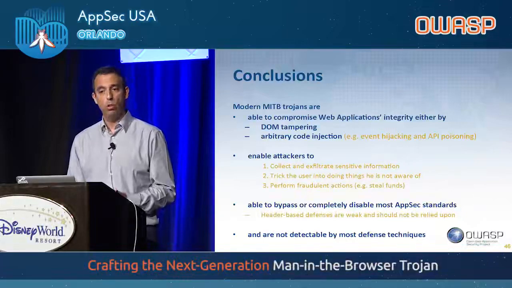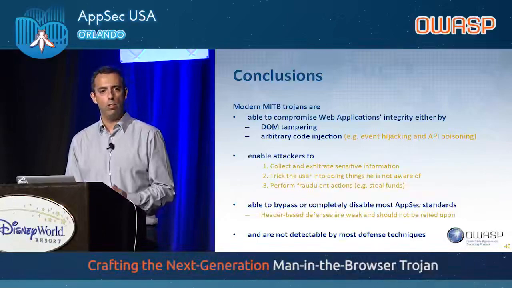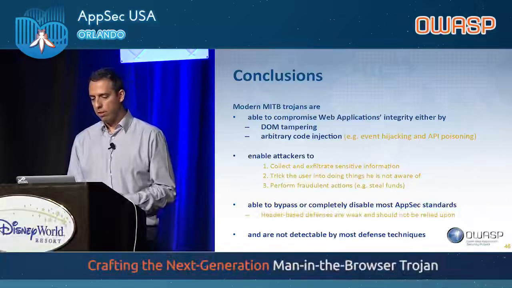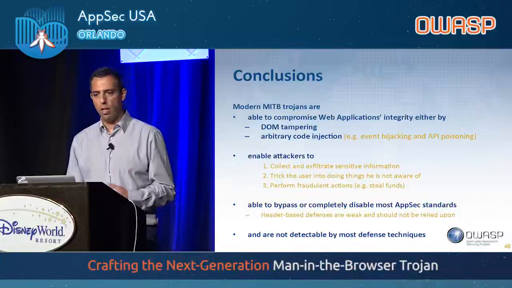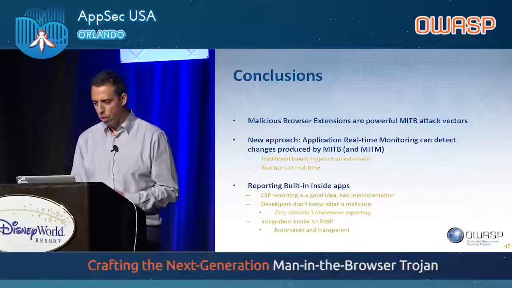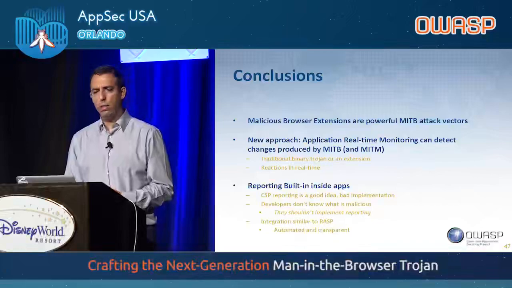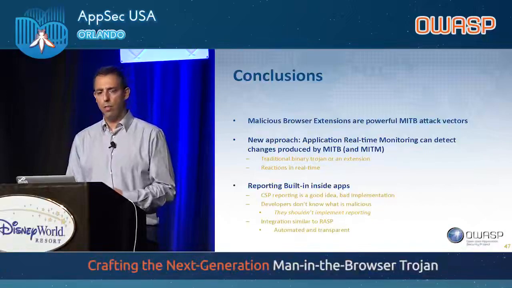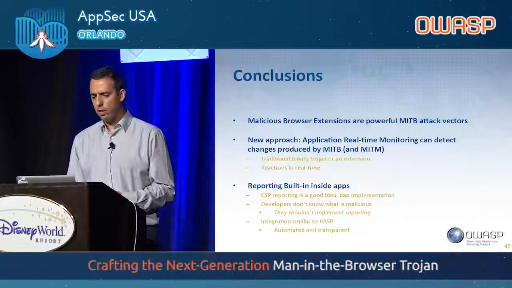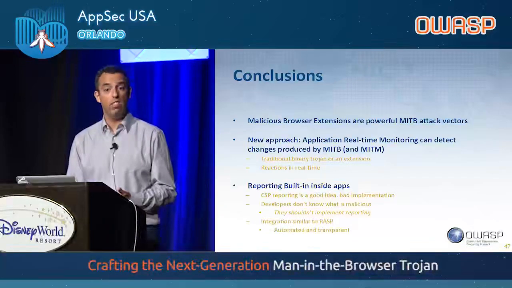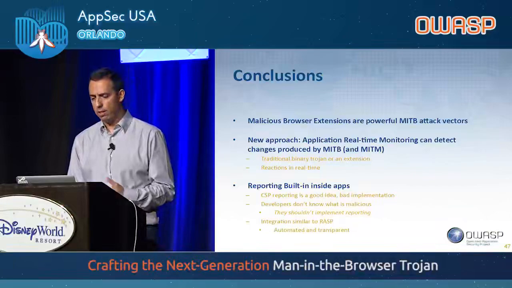They are able to completely bypass current application security defenses, and most techniques outside the standards won't detect the activity of these Trojans. So we basically deployed a new vehicle for delivering man-in-the-browser attacks, and we also proposed a new approach for detecting the activity of man-in-the-browser attacks.